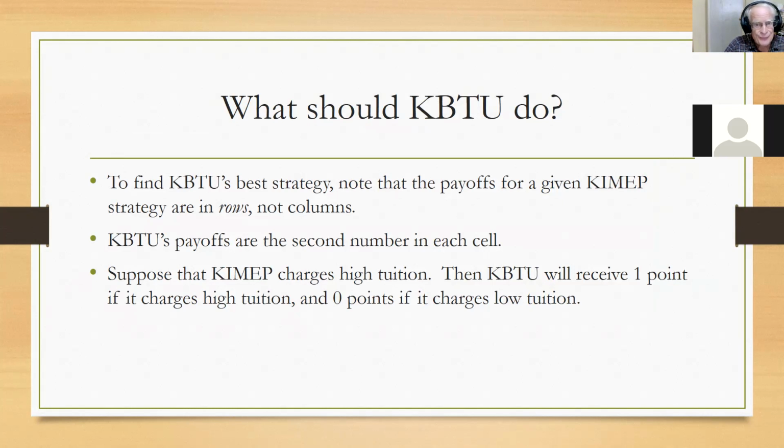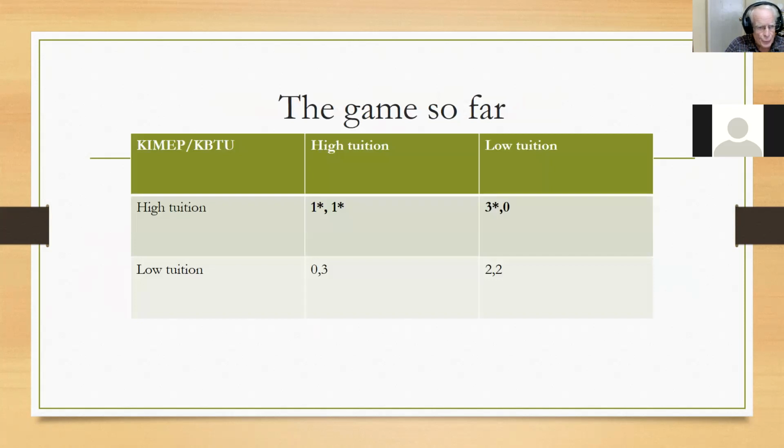So now we're going to take a look at KTTU. In this case, when we are trying to decide what KTTU should do, we will look at the rows, since it is the row that gives the strategy assumed from CNET.